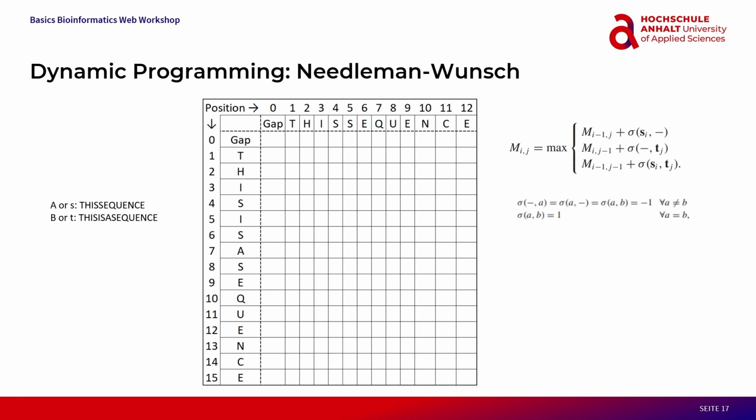The matrix has a size of n times m, which is defined by the length of both sequences. However, the first or zeroth position, M00, always starts with a gap and the value 0.